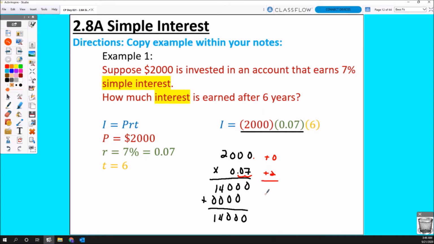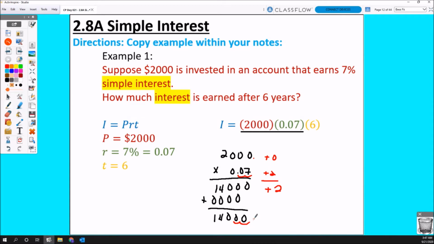So the total decimal places is 2. That means in our final answer, we have to move our decimal point from the very end 2 times. Again, you must determine the total number of decimal places so that you can get the accurate answer.